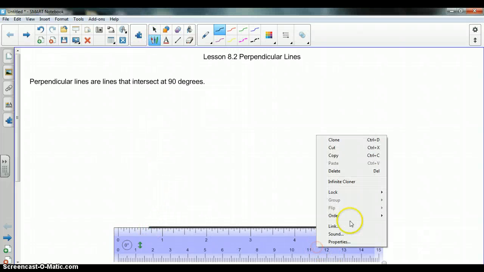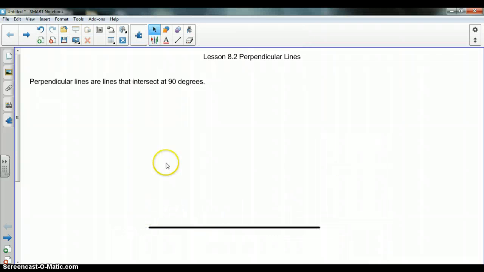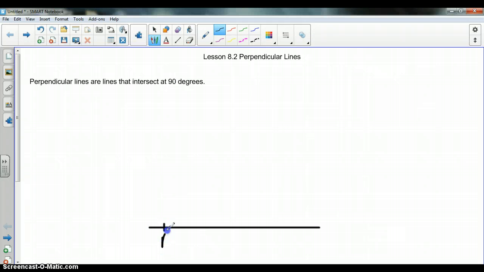Bam, done. Get rid of Mr. Ruler. Let's put point A here, and we're going to put a point B right here, and we're going to label that as B. And then I'm going to put another point here called C, about right there.